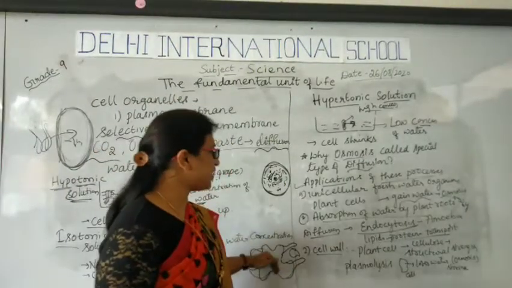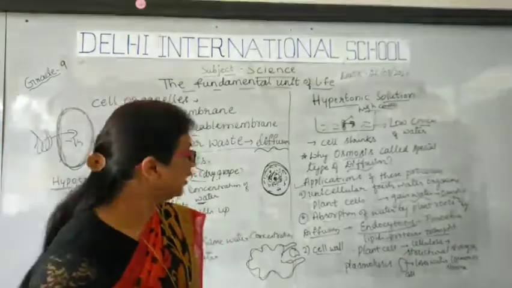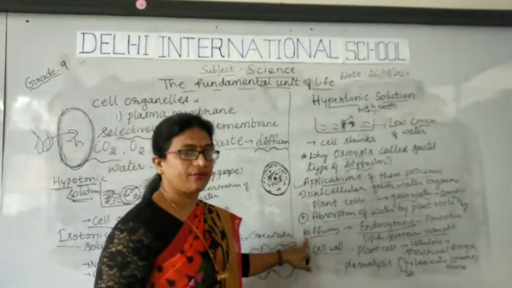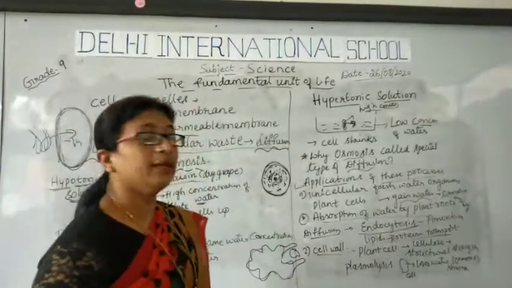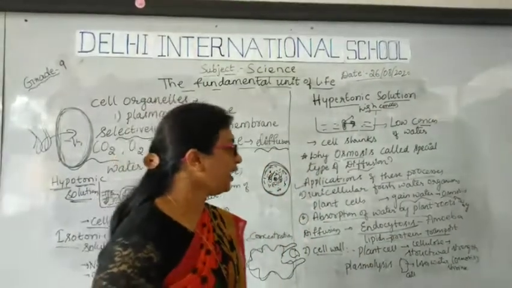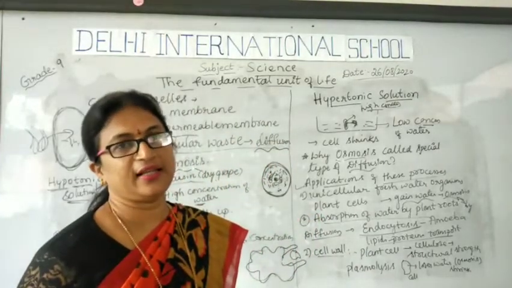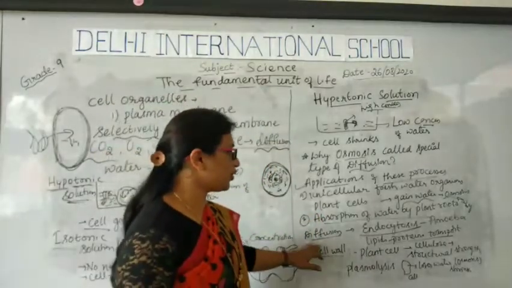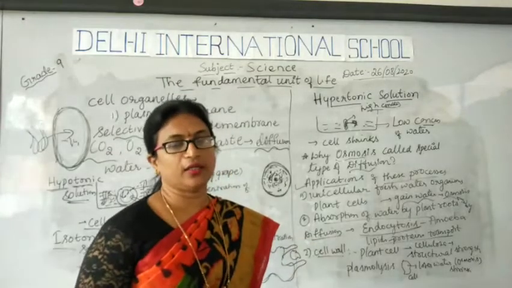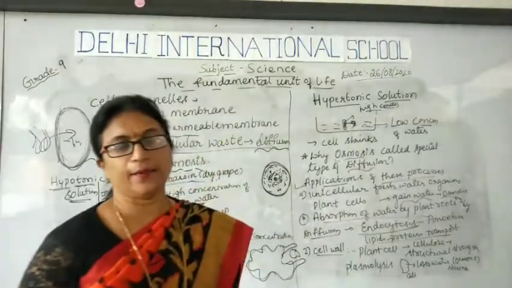So, this process takes place through diffusion. And also, the transport of lipids and protein molecules in the animal cell or plant cell takes place through diffusion. So, these are the applications or advantages of diffusion.